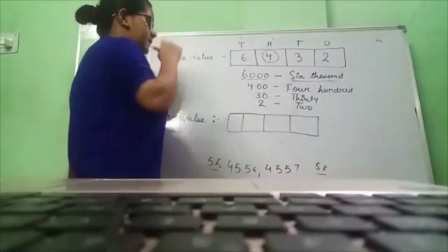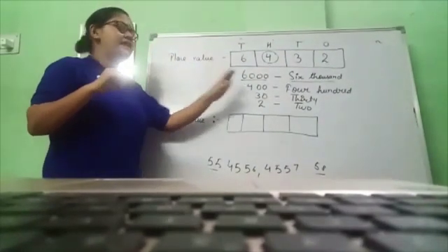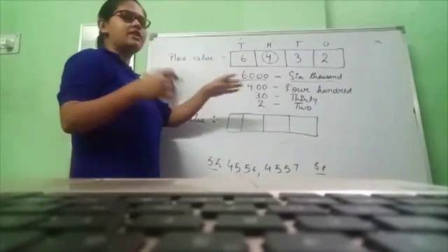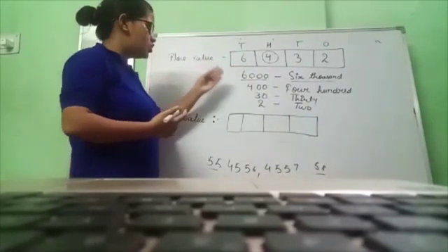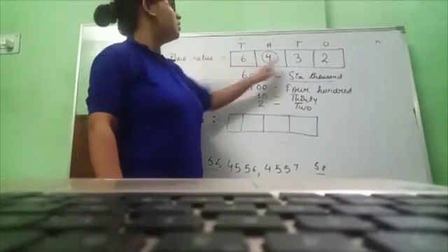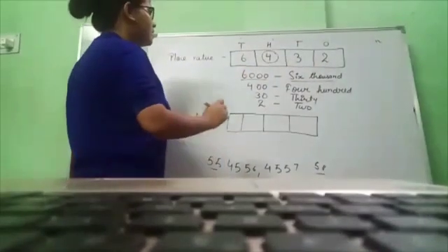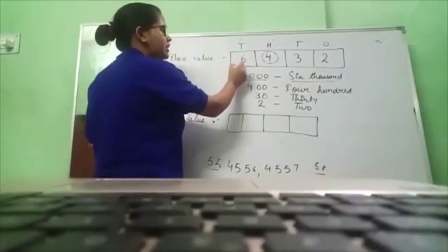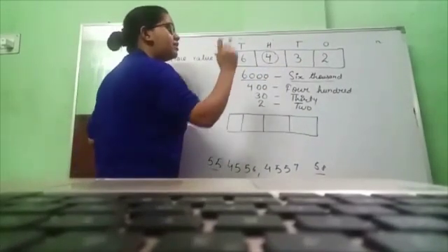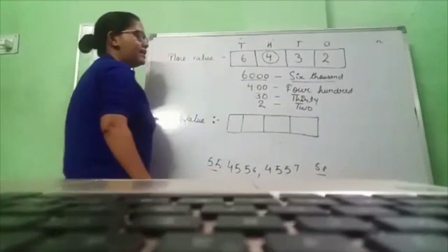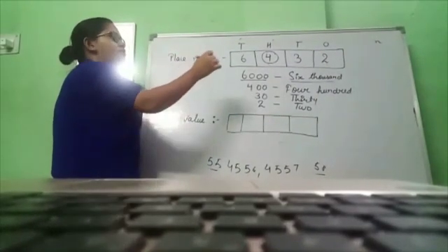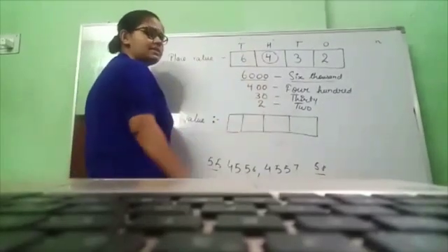This is the form of place value when a person asks you about one digit and you have to give its place value. You can show them like this. But when we read them as it is, that is 6432, right? As it is, we read it as 6432. This is our place value system.